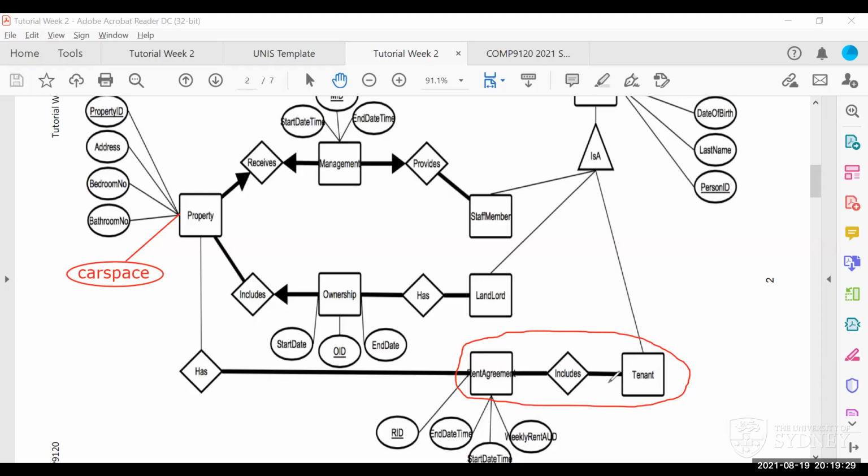There's nothing wrong with that, because I can't see anything that says the tenant cannot be included in many rental agreements. It is quite possible a tenant may have rented multiple places, or even the same place, but with multiple agreements. So that's not a problem.